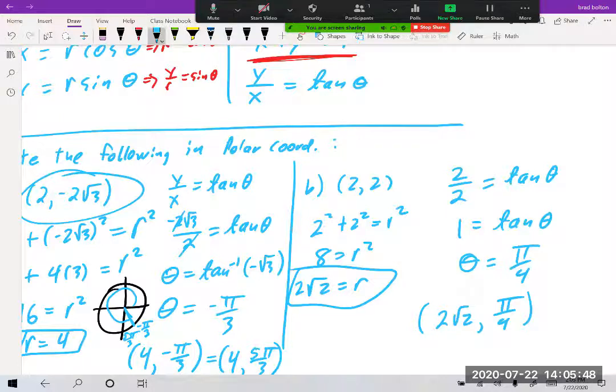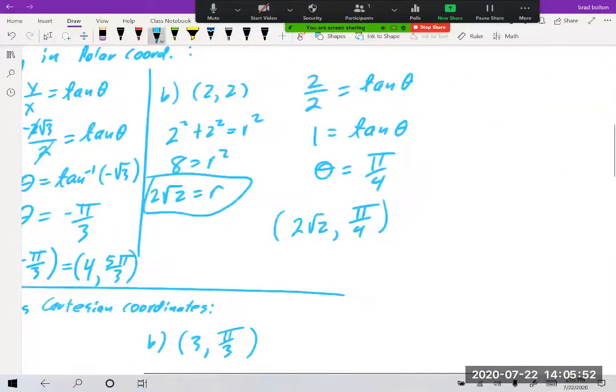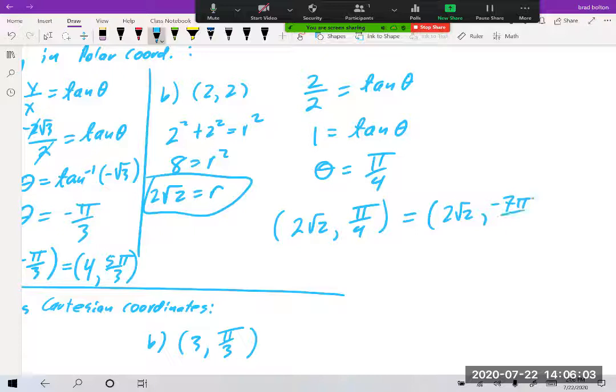Now we could find another one that would do the same thing. We could also say the equivalent angle would be 2 square roots of 2 comma negative 7 pi over 4. That would also work, right? Or we could do 9 pi over 4 as well.